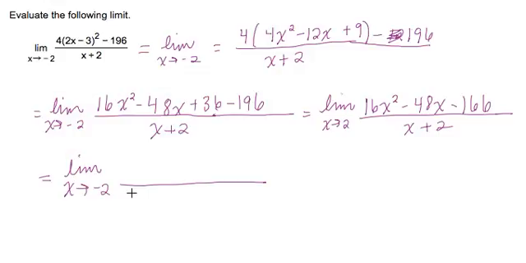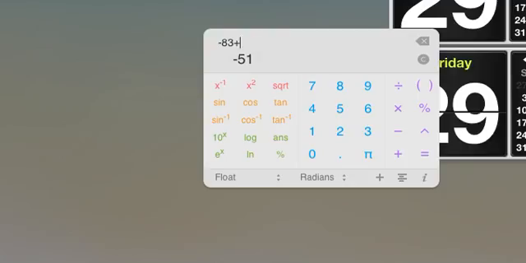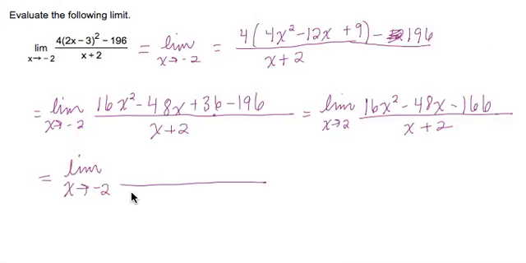I kind of want to double check all my work because I feel like that should have worked out. 36 minus 196. It's negative, oh, I can't subtract -160. Duh, 6 minus 6 is 0. That's my problem right there. I didn't subtract right. That should be -160. Okay, that's why it didn't work out.